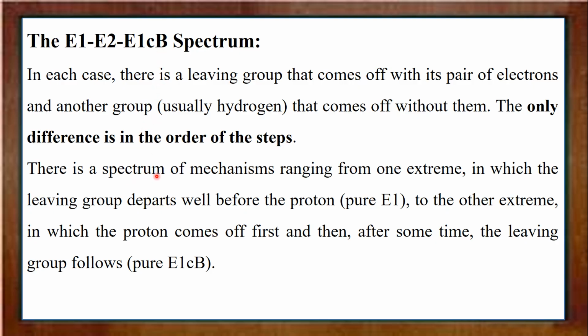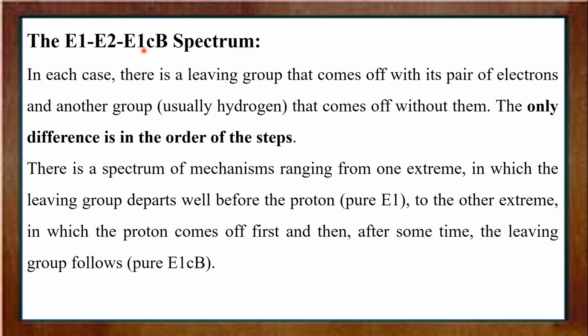Therefore, there is a spectrum of mechanisms ranging from one extreme, in which the nucleofuge or nucleophilic leaving group is eliminated first, very well before the removal of the proton, that we call the E1 mechanism. The E1CB is at the other extreme of the spectrum, where the proton is removed first, resulting in the generation of the conjugate base.